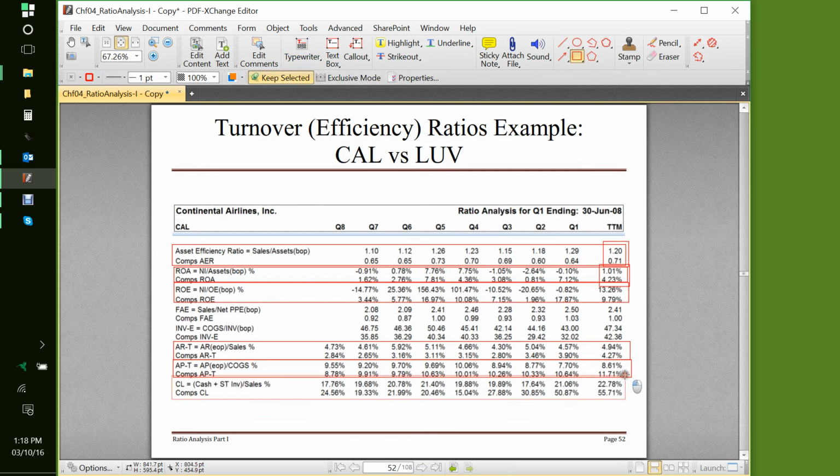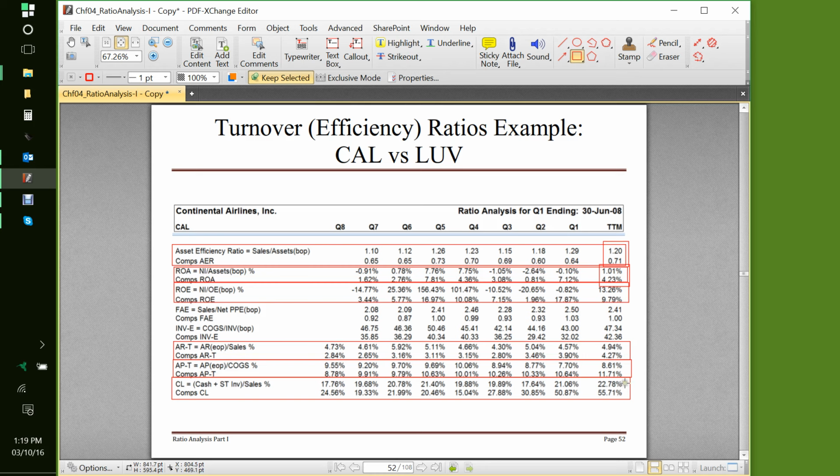Okay, so we'd want to look at the cash level to see who's managing their cash best. And I'm here to tell you that based on my experience, we've seen as we've gone through this that in a lot of ways, Continental is shakier than Southwest.